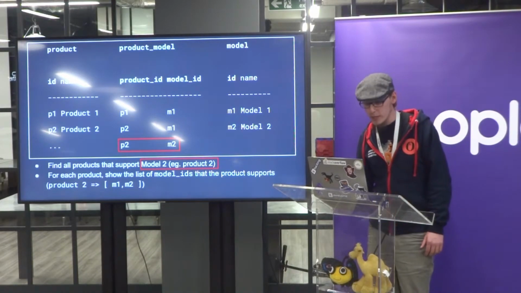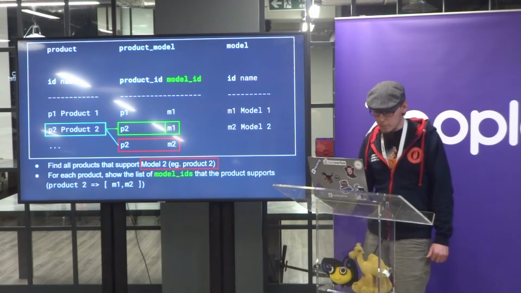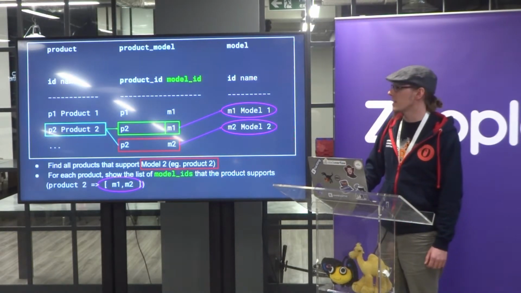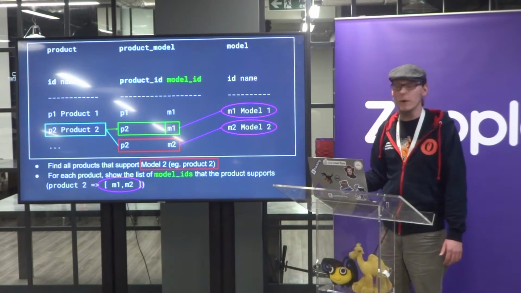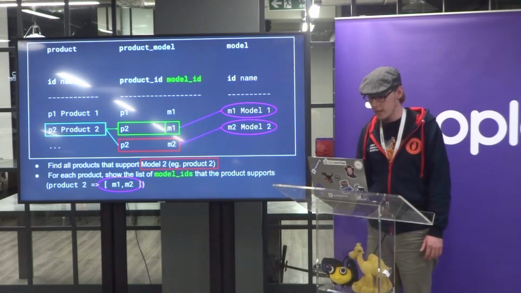And for each of those products, he wants to show the list of model IDs that product supports. And he does that by finding the product and then goes back to the relationship and then finds those two models. I don't really understand why he wanted to do that, but I took like 2 hours and hacked it. And now I'm going to explain how I did that.